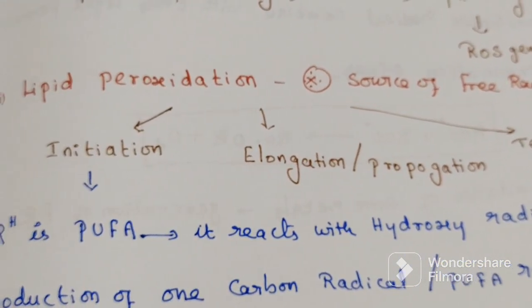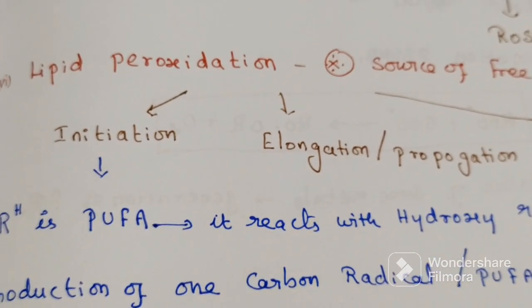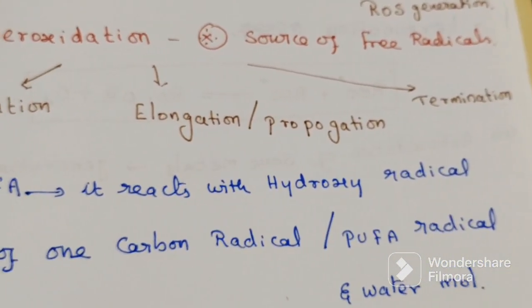There are 3 steps of lipid peroxidation: initiation, elongation and termination.